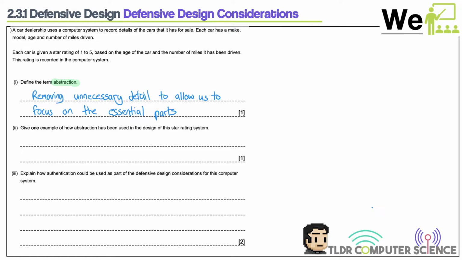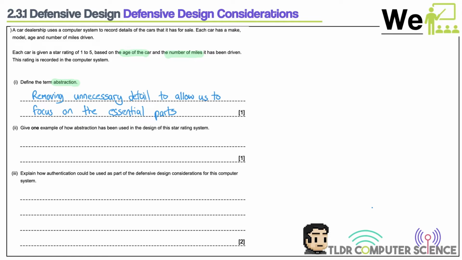Well, let's have a quick look about what was used. They used a computer system to record the cars that are for sale, fine. And what did they use to establish how good a car was? They said the car has a make, model, age, and number of miles driven, and each car has a star rating of 1 to 5 based on the age of the car and the number of miles it has been driven. So age and the number of miles, that was what we focused on.